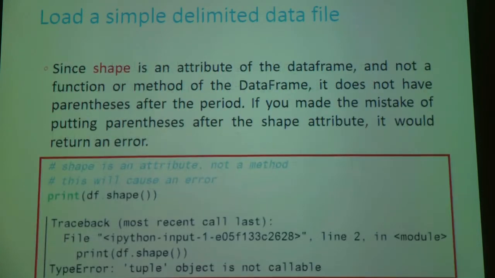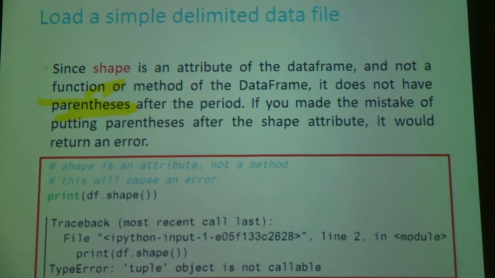Right? All right. So since shape is an attribute of the data frame and not a function or method of the data frame, it does not have parentheses. We know this already a lot from Python. You could have methods, you could have functions, and you could have attributes.